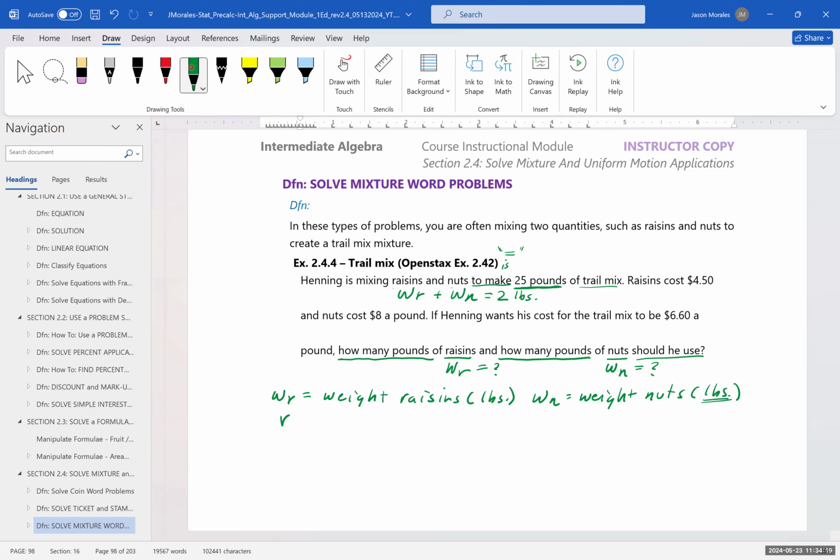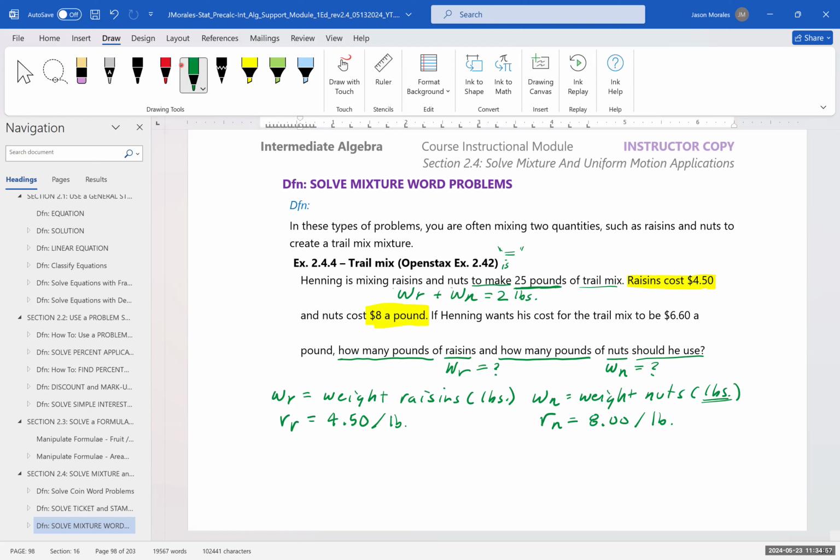We're putting the units here so that we don't need to worry about them later. Now the rate of raisins, meaning how much they cost, is $4.50 a pound. We could put $4.50 per pound. And the rate of nuts is $8 a pound, and we got that right here.